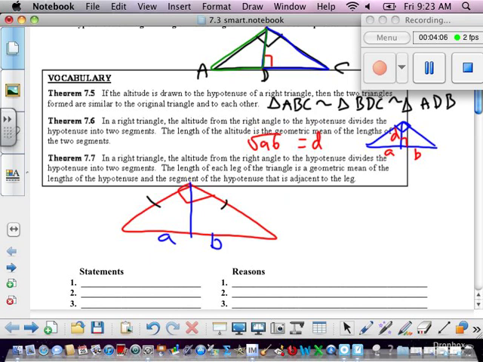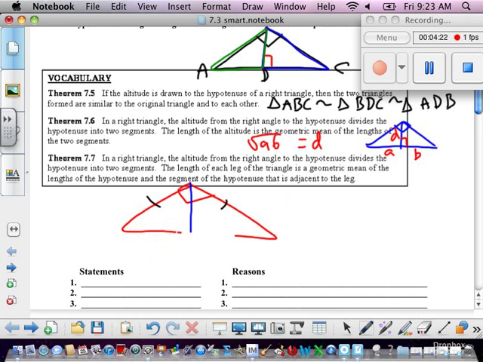All right, if we look at 7.7 on page 532, the picture they drew looks like this, except they labeled it a little different. Let's label it like they labeled it and see if that makes a difference for us.